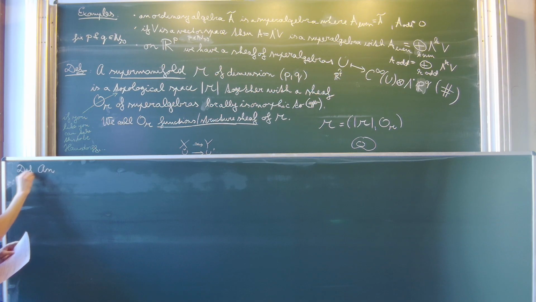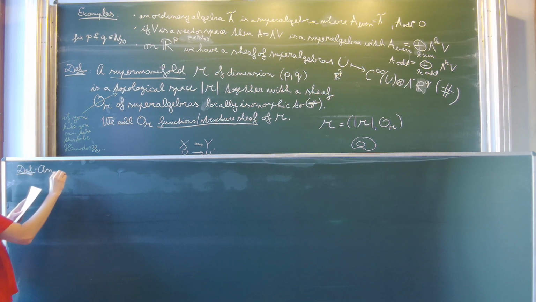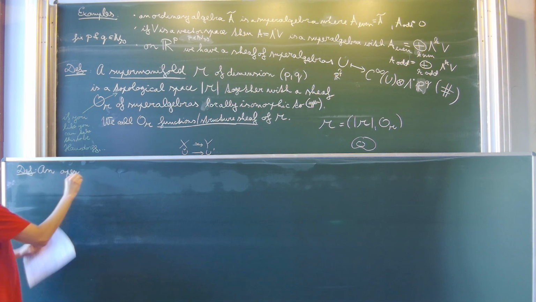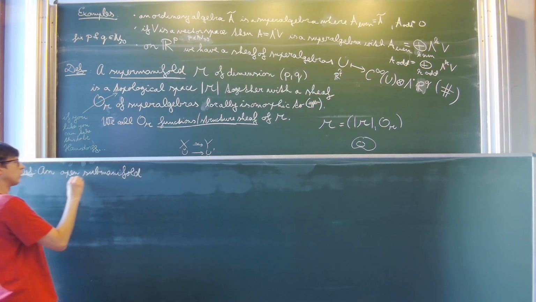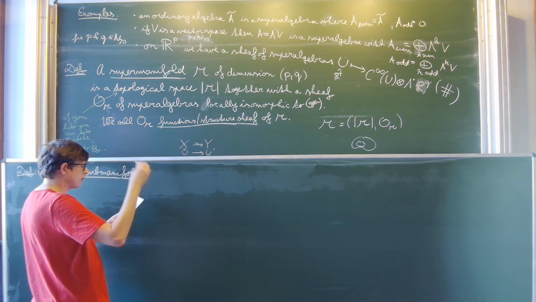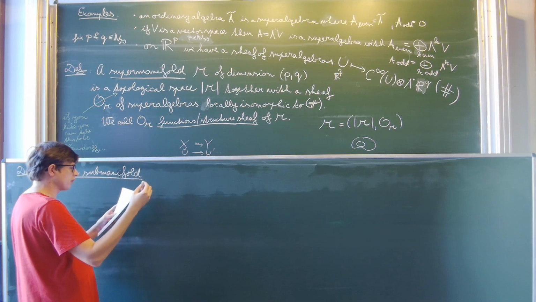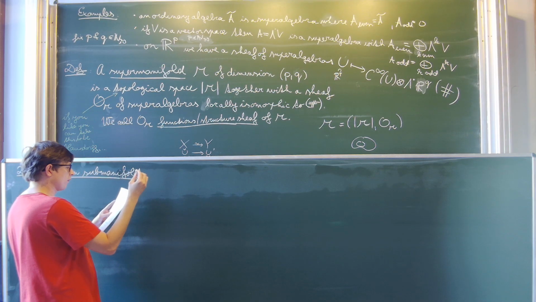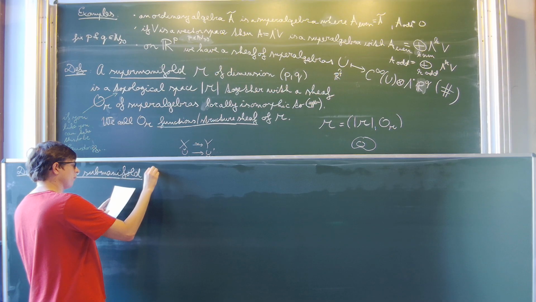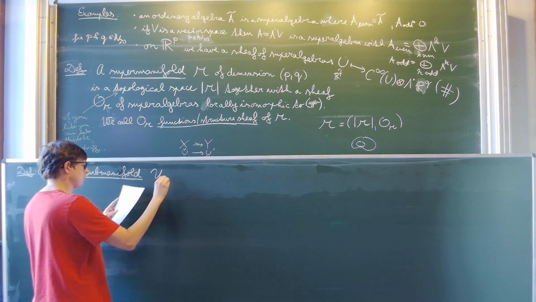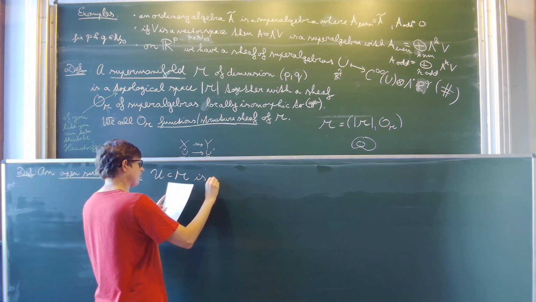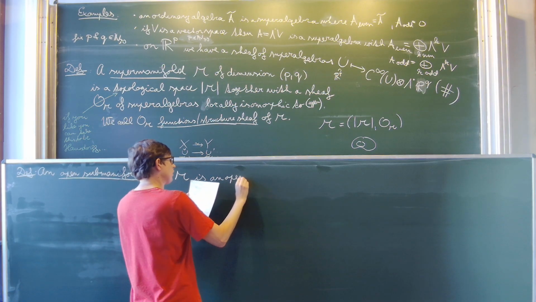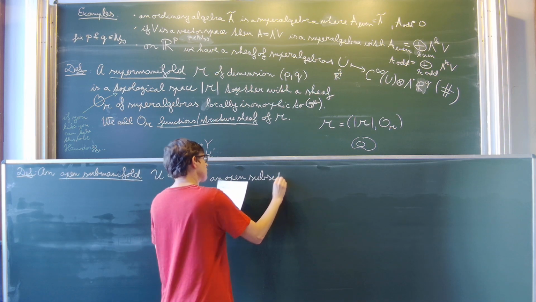Okay, so we say that an open submanifold, or supermanifold, but we don't write super all the time, let's say U under M. By this we just mean that it's an open subset.